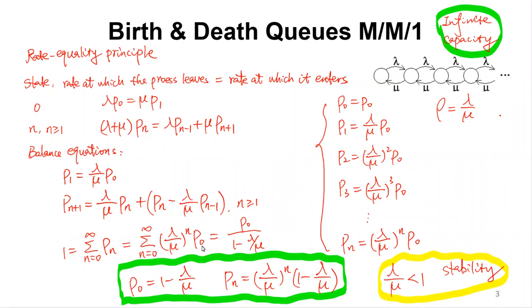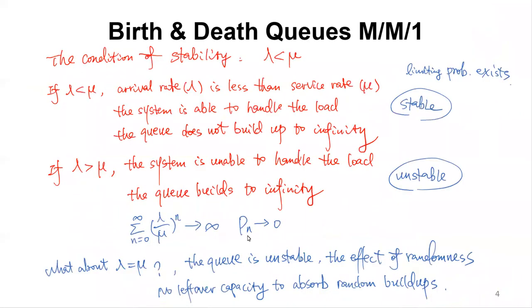P0 will be 0, then all the Pn should be 0. Pn denotes the long-run fraction of time you stay in a particular state. Basically it's transient; you're not going to have a probability to stay in any particular state.